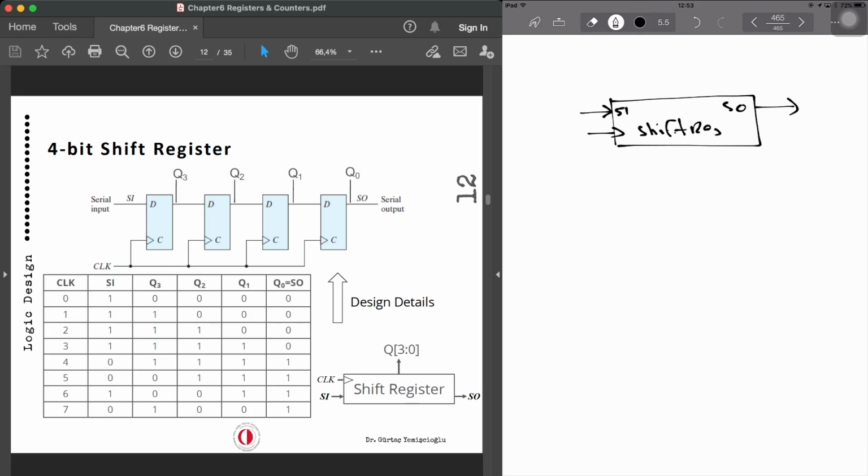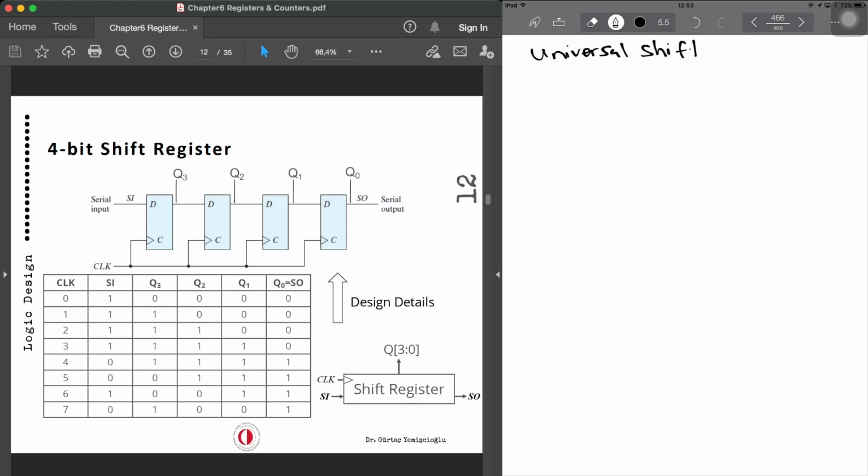And we can also use shift registers to implement a universal shift register. What do we mean by universal shift register? Now, rather than just having shifting from one side to the other, we can have multiple operations with a universal shift register. So these operations can be defined by the designer or maybe in the specifications.